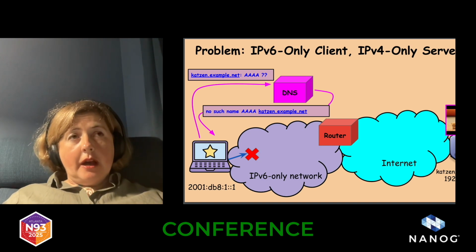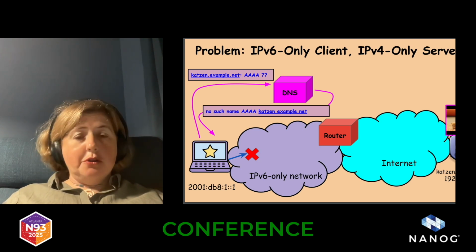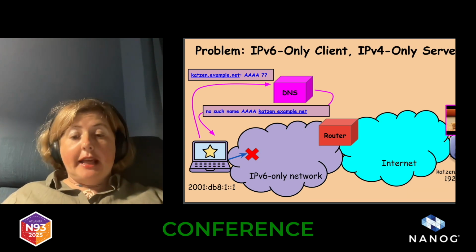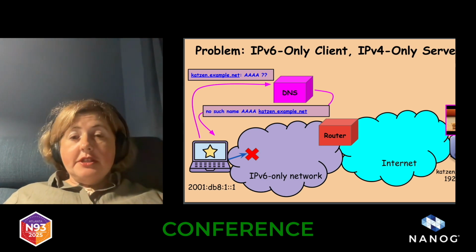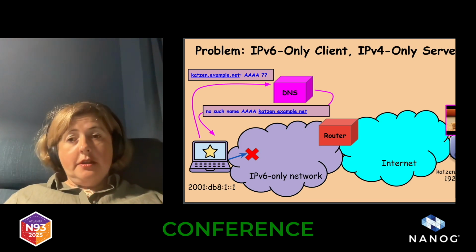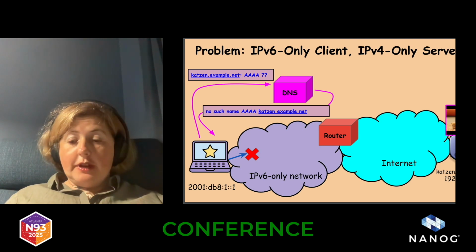The biggest problem I'm going to face is that my IPv6 only clients probably need to reach some IPv4 only internet destinations, because I can fix my network, but I clearly cannot fix the whole internet. Well, I've tried. So when such a client is trying to talk to an IPv4 only destination, it will try to get a quad A record from DNS for the given name, would fail to get such a record because the resource is IPv4 only, and as a result, the client would not be able to send any packets, right?